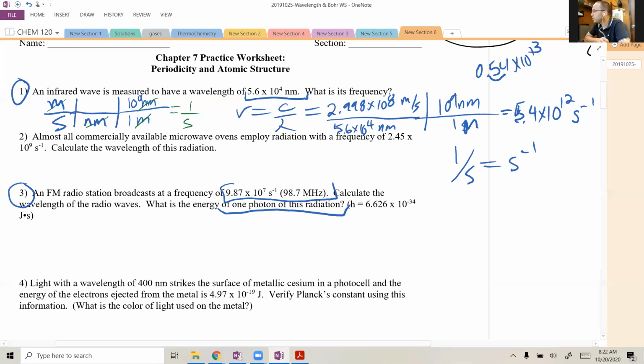Think about what equation you should be using. Do we need to change our frequency into anything? Can we use our frequency as it is?